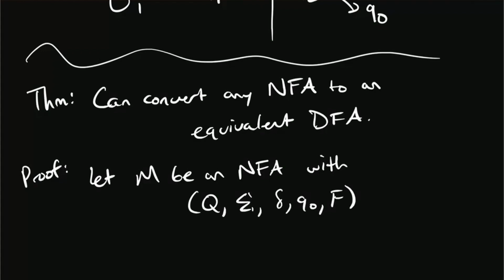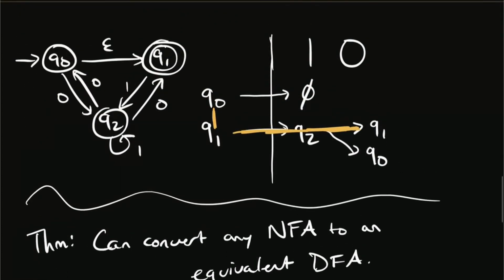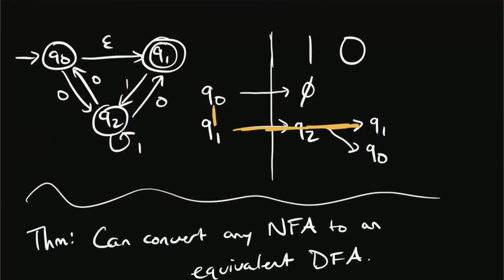So no problem. Here we have an NFA right here. I want to actually make a DFA out of this thing. Well, let's see. At each point right here, in our simulation, could we possibly be in no states at a given point of the NFA?